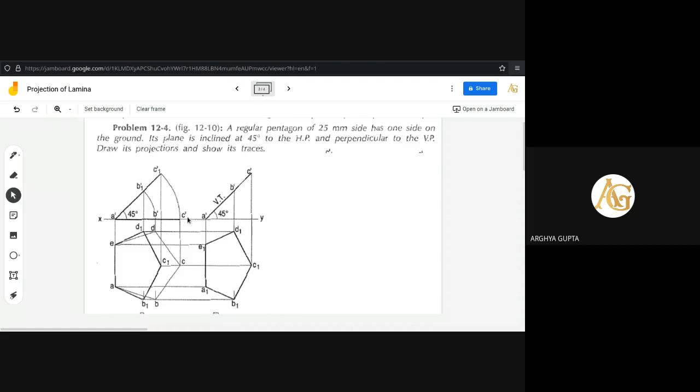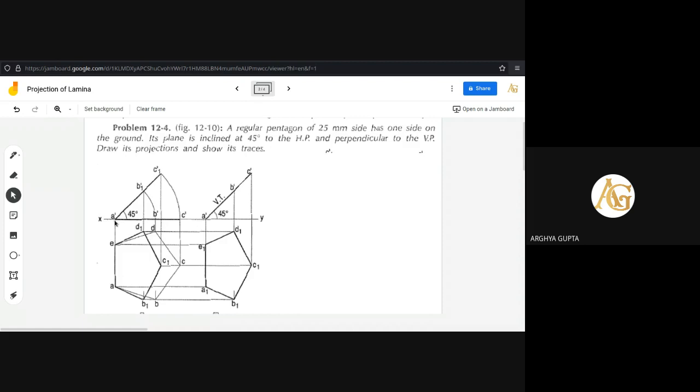Now what we have to do at the next view is draw the same length of line, like from A dash to C dash, at an angle of 45 degrees. So at the second stage, we have to draw the same length of line which has just been obtained at an angle of 45 degrees.